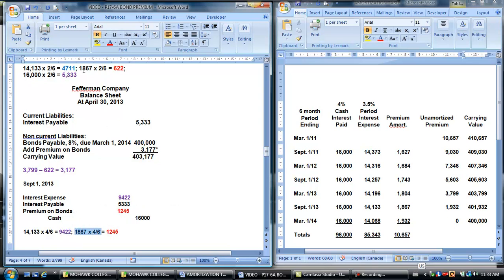We picked up here 1867 times 2 of the 6 months. That was for March and April. But now we got to pick up the other 4 months, which is going to be May, June, July, and August, right? Because we're at September the 1st. So therefore, we're going to have $1,245 in amortized premium, and therefore we're going to credit cash for $16,000 because we do have to make an interest payment on that date.